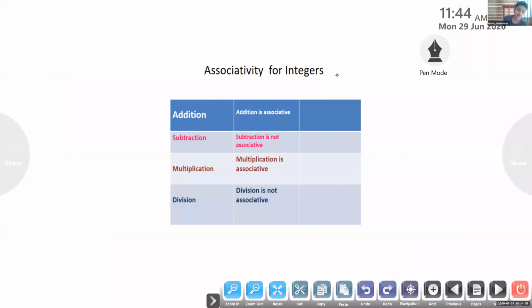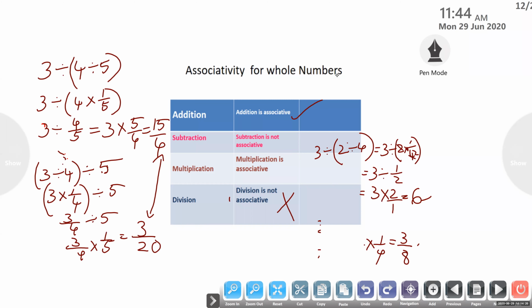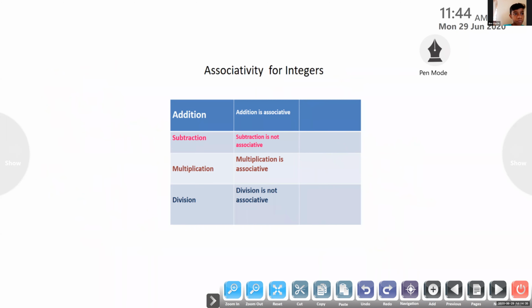Now, associativity for integers. Shall we check? Associativity for integers, the same way. The same examples we can do, no need to explain. For whole numbers also we use integers, so the same examples we can apply.